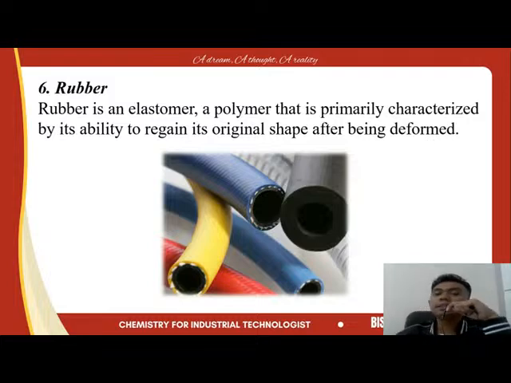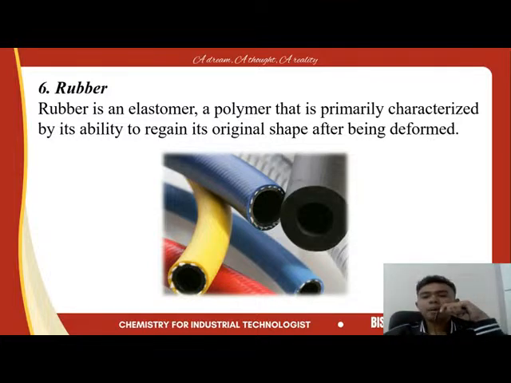Resistant man siya sa heat. That's why it's good to be used mostly in electronics because most electronics or machines will conduct heat. That's why this synthetic rubber is good for that function.